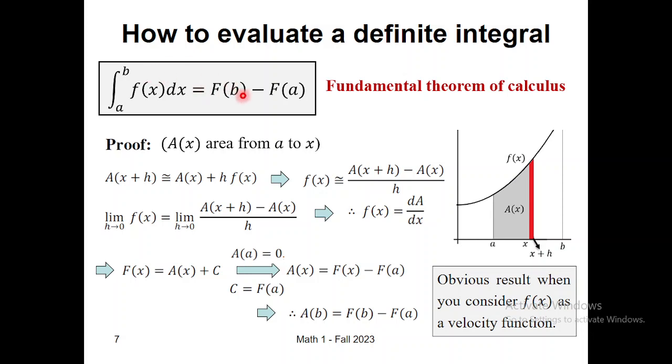If you consider f to be, for example, the velocity function, then F capital is a displacement function, and this difference represents the change in this displacement function. This is the initial position and this is the final position. So the difference gives the net change in this displacement function.